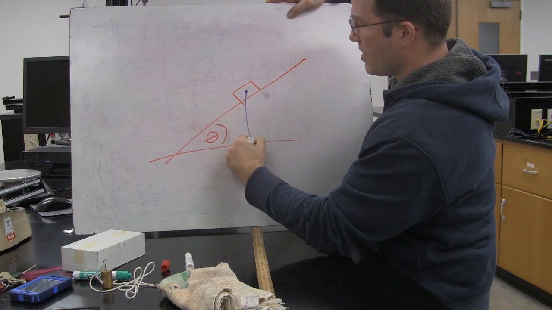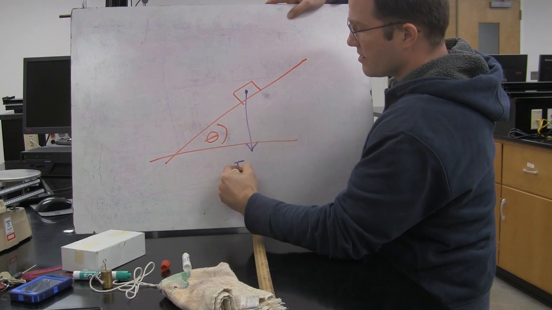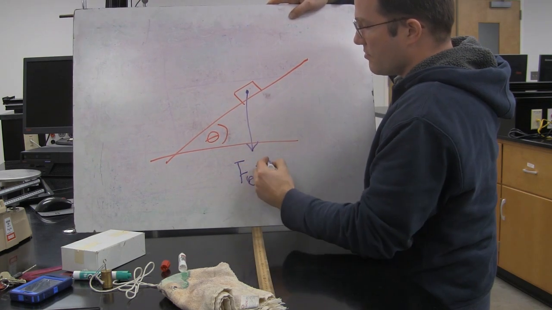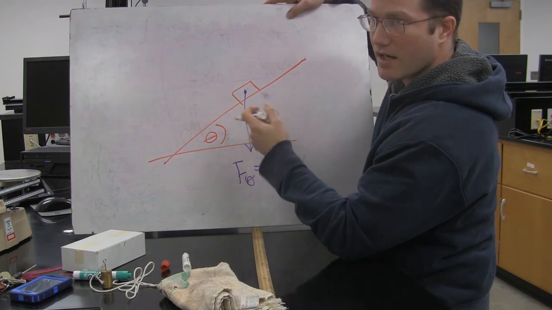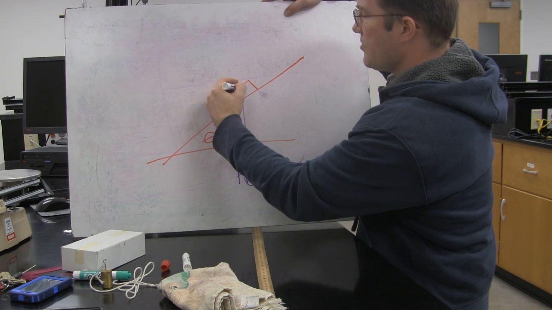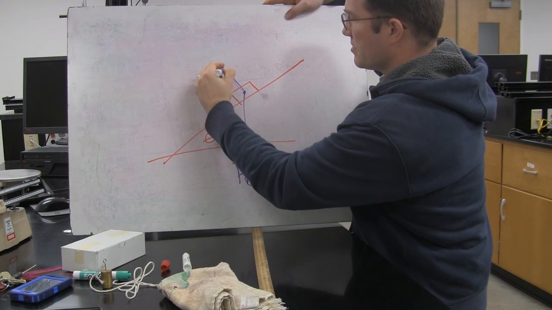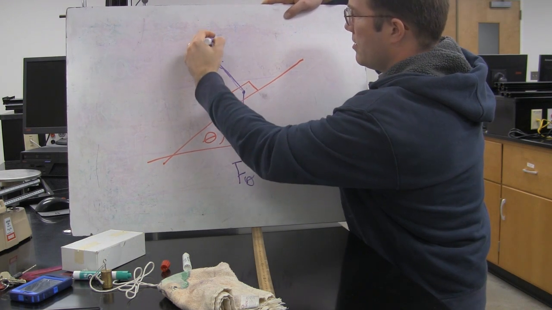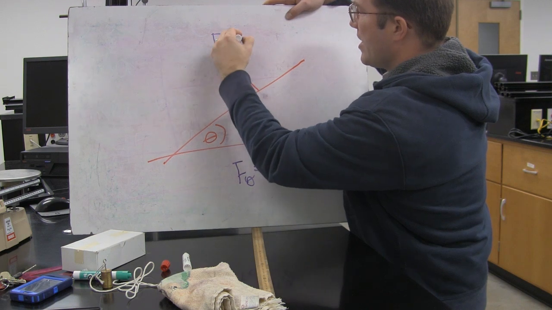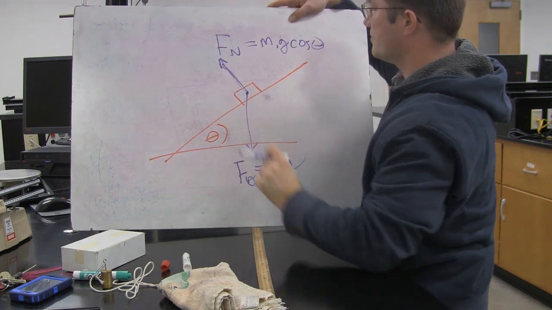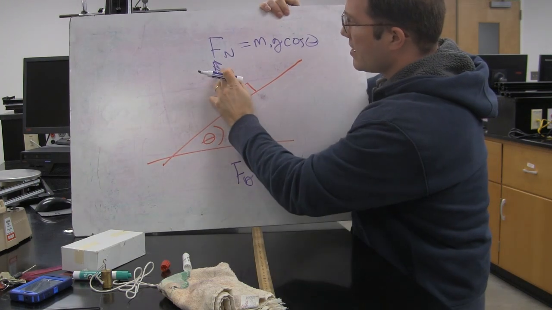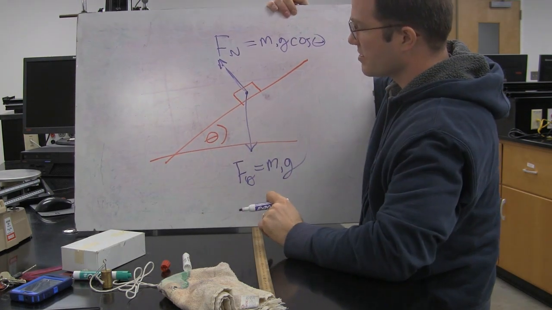First of all, you've got the weight of the box. The gravitational force is equal to m1g. I'm still calling it m1. And then you have the normal force, which is equal to m1g times the cosine of theta. So that's the normal force on the box.